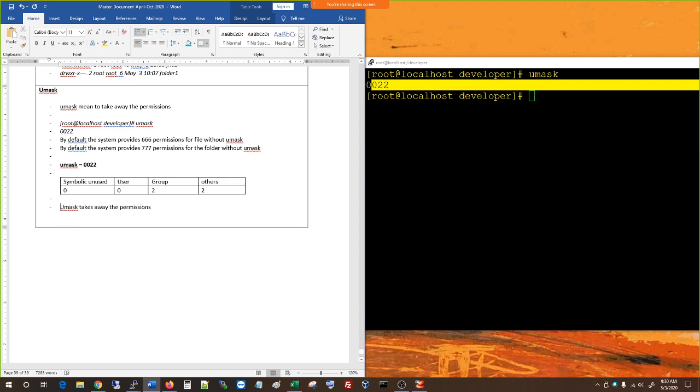What did I mention earlier? The default system provided permission for the file is what? 666, right? And then we have a umask here.